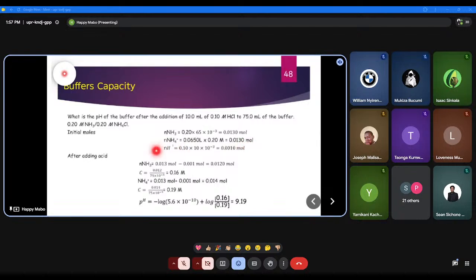Then for the HCl that we added, the hydrogen ions, we have 0.10 times 10 to the power of negative 3. It's a 10 mL, which is changed to decimeter cubed. Then we have 0.0010 moles.